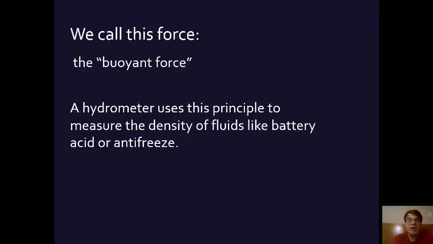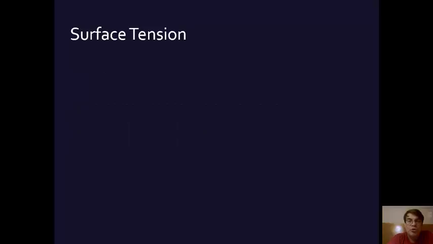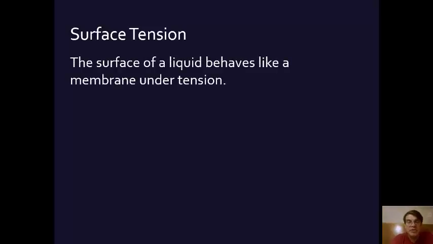Okay, this section also treats surface tension. Again, a fairly everyday experience. You've maybe seen a small bug walk across the surface of water. How do they do that? Or maybe you've seen that a paperclip can rest on water. What's going on there? Well, basically the surface of a liquid behaves somewhat like a membrane under tension.